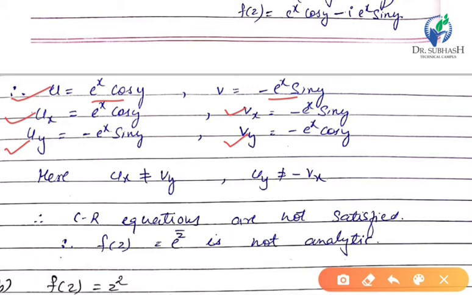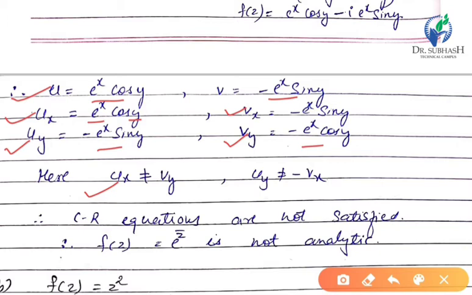Now we will see whether we have satisfied the equation or not. See, now ux must be equal to vy. So here ux is e^x cos y and vy is -e^x cos y. Both are not equal, so ux is not equal to vy. Now the other term we'll see. Here uy is -e^x sin y and vx is -e^x sin y.